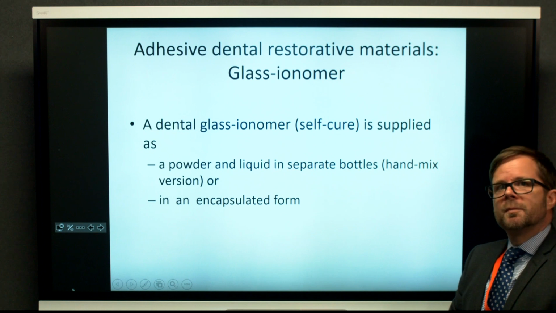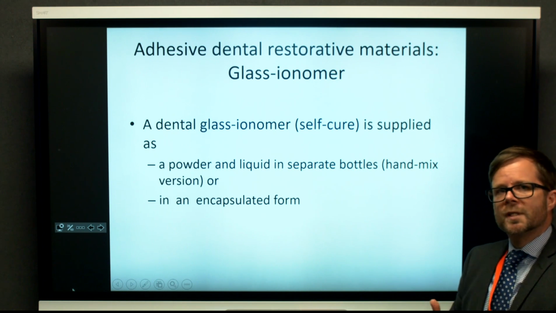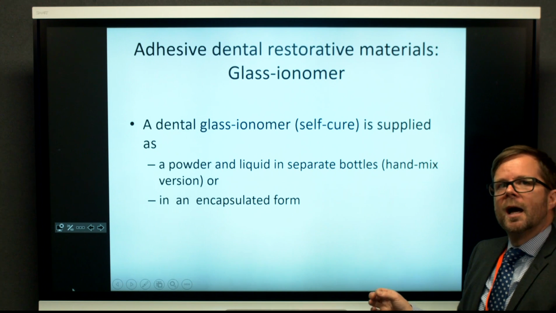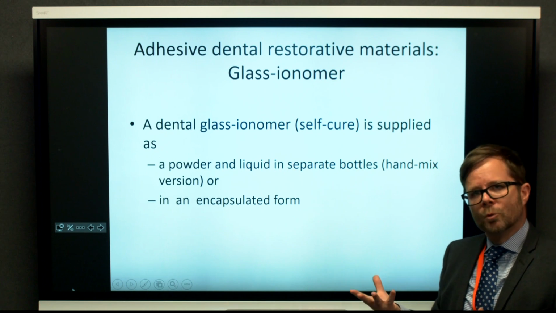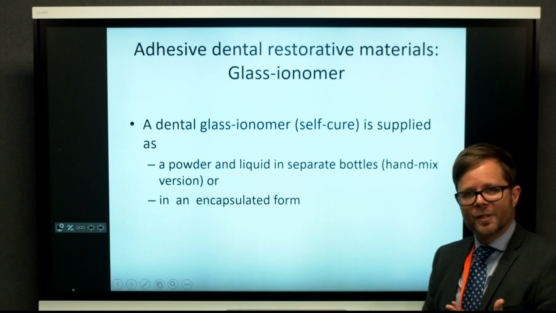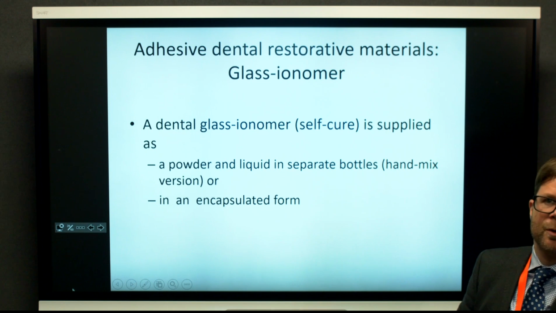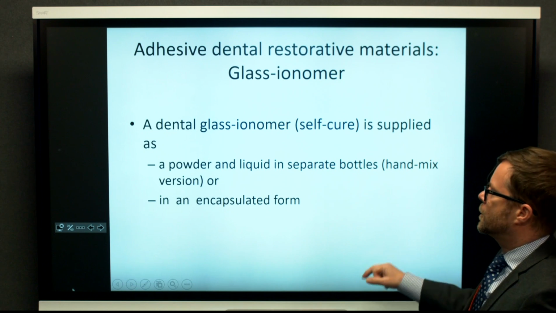The self-cure glass ionomer cement, if you need to use that, is supplied as a powder and a liquid. There are encapsulated forms as well, but you will require a powered mixer to mix those products. So again, the setting that you're working in will determine which products you're using.